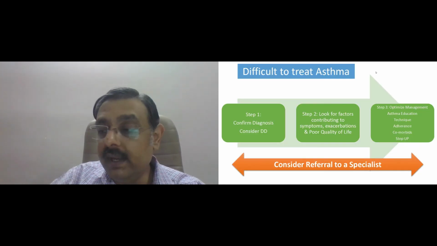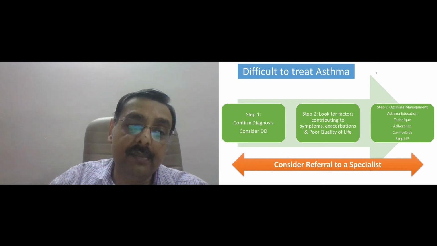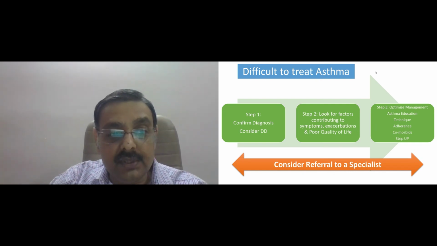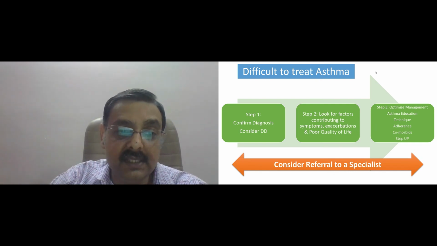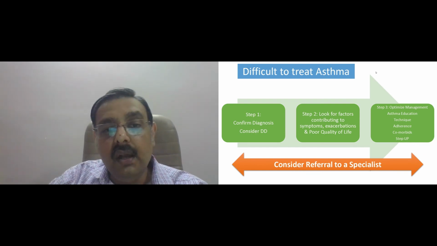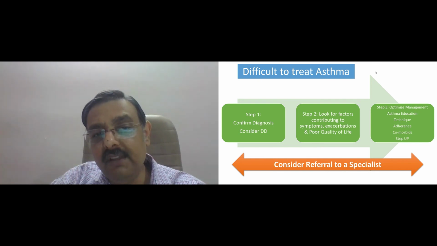Now, when we look at a difficult asthma algorithm, and this is again from the GINA guide on management of severe asthma, you try and confirm your diagnosis. Is it actually asthma or is it something else? Is it not a bronchiectasis or a ciliary dyskinesia or a cystic fibrosis or an ABPA and so on? Step 2 is to look for factors which are contributing to symptoms, exacerbations, and poor quality of life.